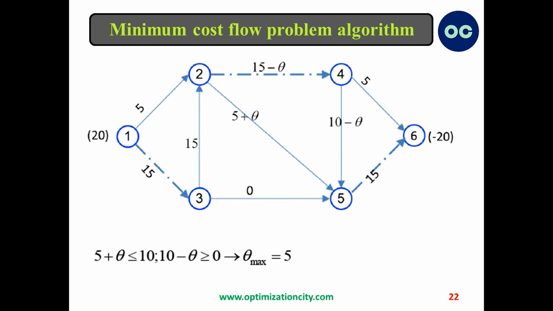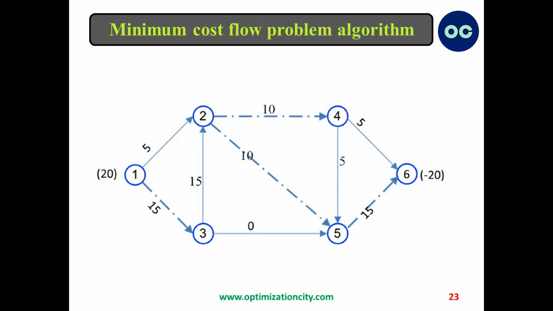As we discussed in the earlier example, as arc 2, 5 has reached the maximum capacity, it's removed from the basic solution. Therefore, the updated basic solution with arc 2, 4 entering the basic is as follows.